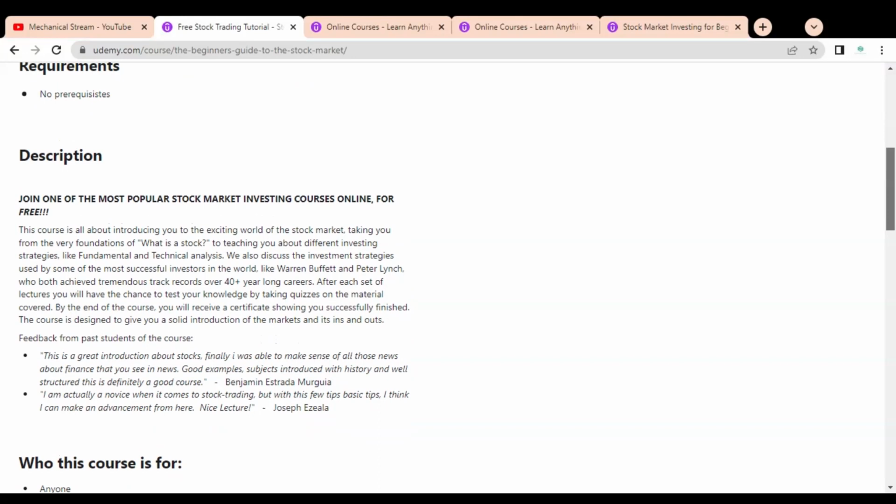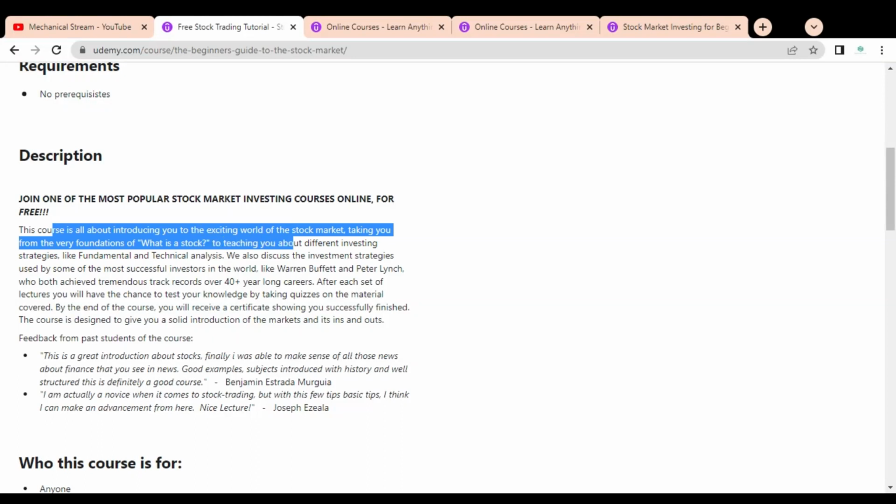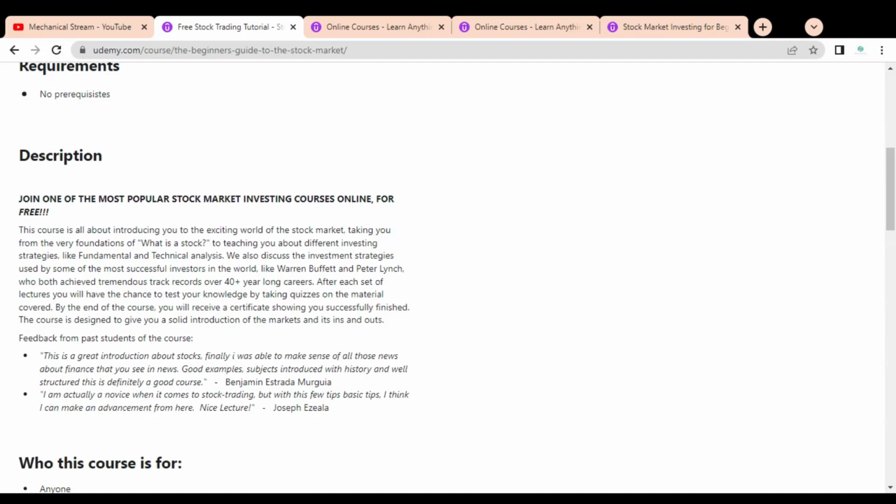So friends, here you can see a description is given. This course is all about introducing you to the exciting world of the stock market, taking you from the very foundation of what a stock is to teaching you about different investing strategies like fundamental and technical analysis. They also discuss the investment strategies of some of the most successful investors in the world, like Warren Buffett and Peter Lynch, who both achieved tremendous track records over 40 plus years of long careers.